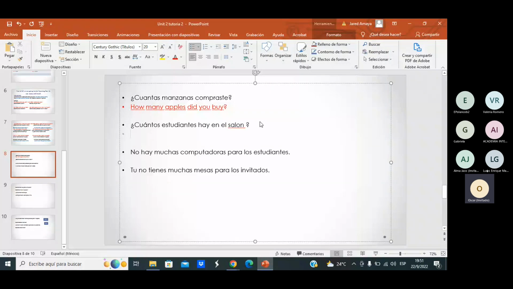How many students? How many students? Okay, I'm going to help you. I'm not going to give you the whole sentence, but I'm going to help you. Probably you have doubts in here. Do you remember this structure?